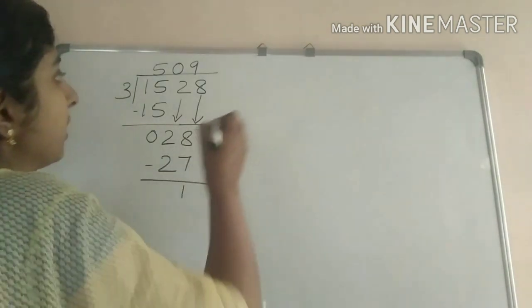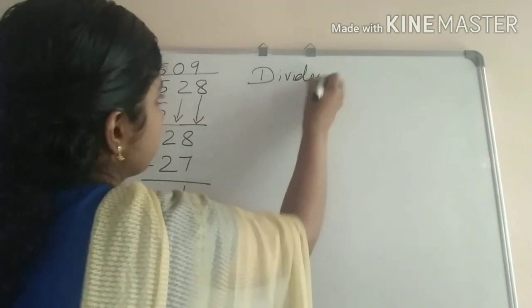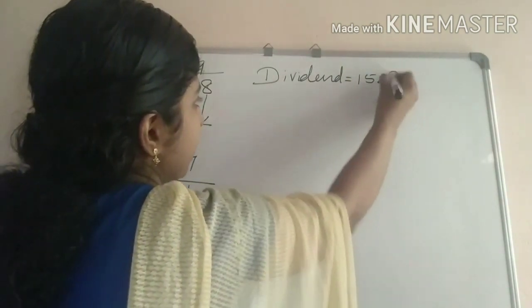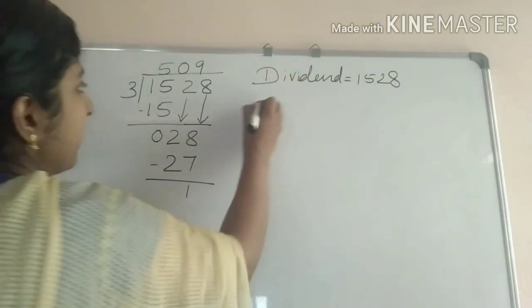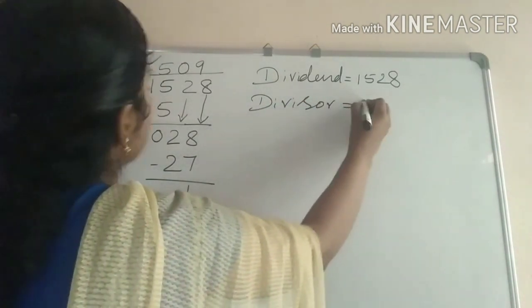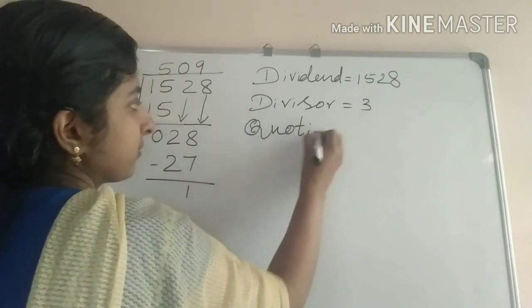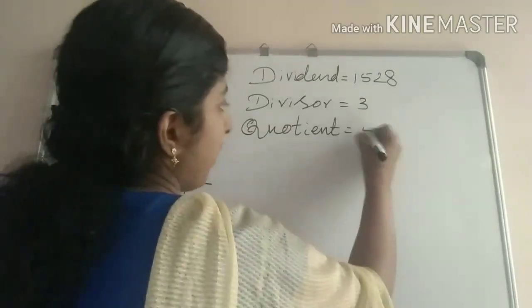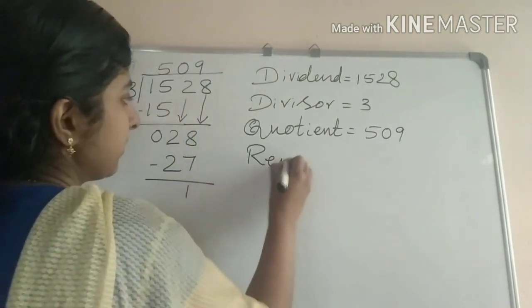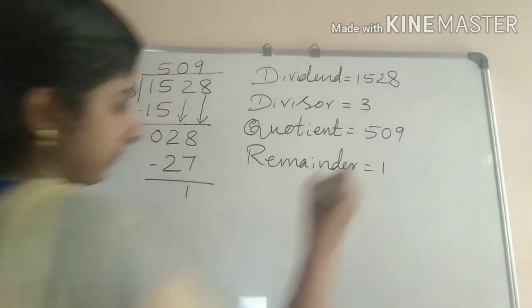Here, dividend is equal to 1528. Then, divisor is equal to 3. Then, quotient 509. Then, a remainder 1.